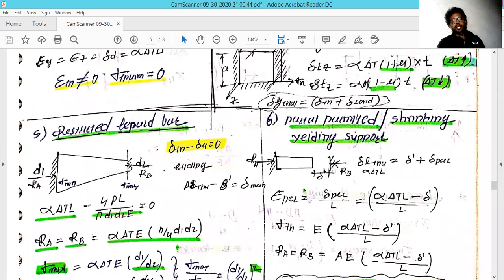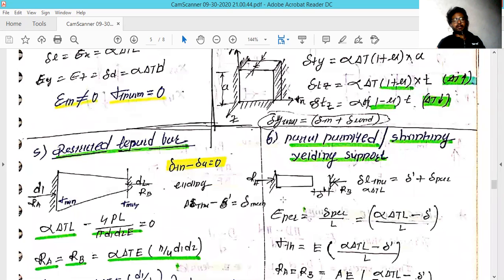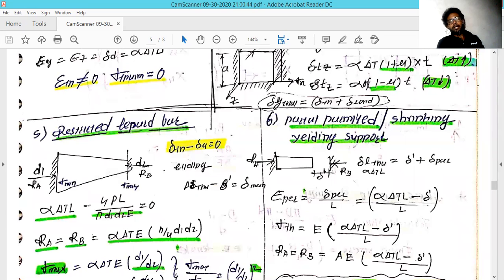Now we go to the most important section, which is the partial, permitted, and shrinking yield support. It has been given some permission to expand, because it gives some space between these two walls. Otherwise, once it touches that wall, the support of that wall is going to expand in the other direction.